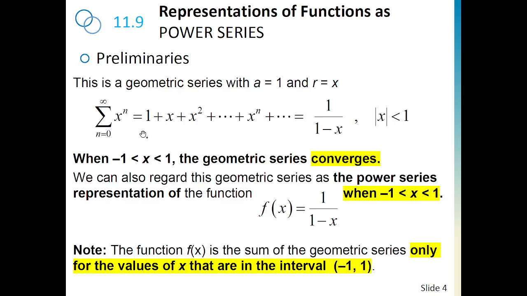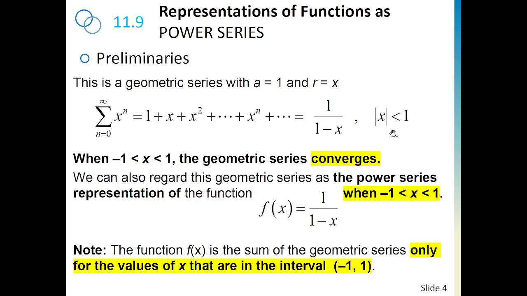So this will be our series of reference for this section. Everything will start from this series and this equality here. Again, there are three pieces here: the series itself, this geometric series, which is a power series, the sum of the series, and the interval of convergence, here between -1 and 1.